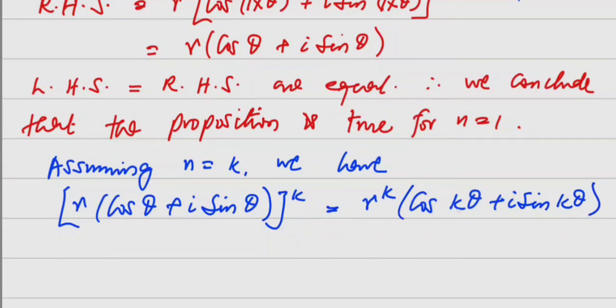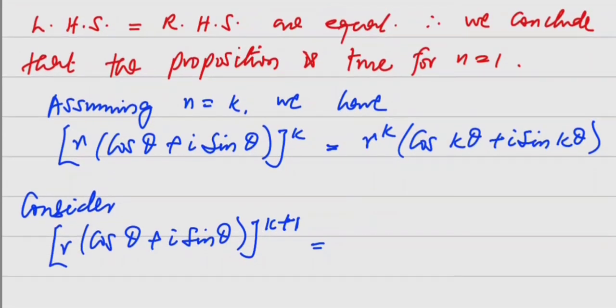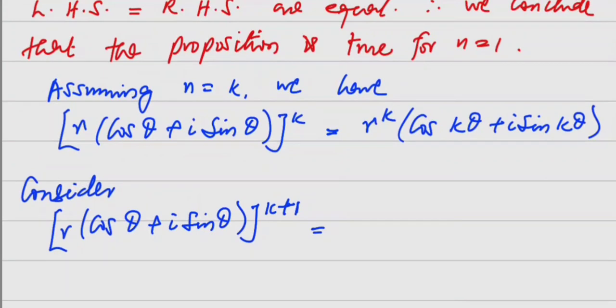So we assume that this one is true. So consider r(cos theta plus i sin theta), everything raised to power k plus 1. If you are able to show that this one is also true, then we conclude that the assertion is true for all positive values of n.